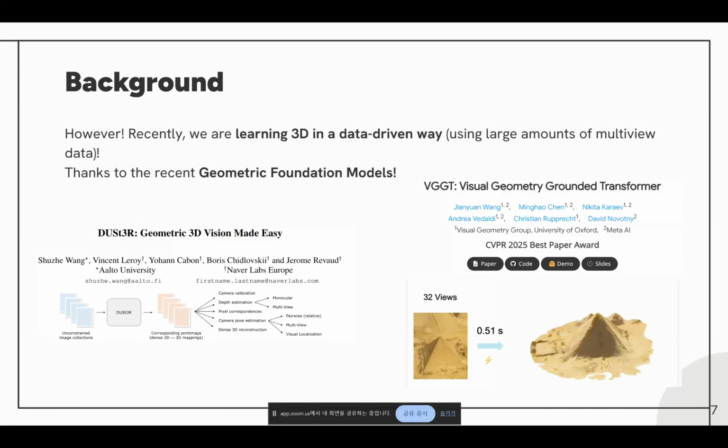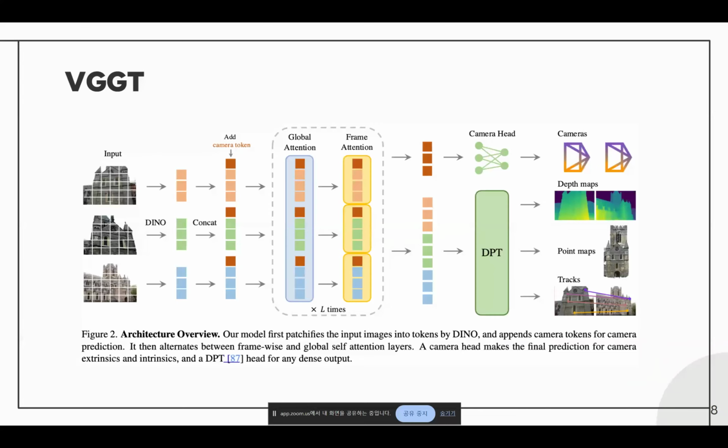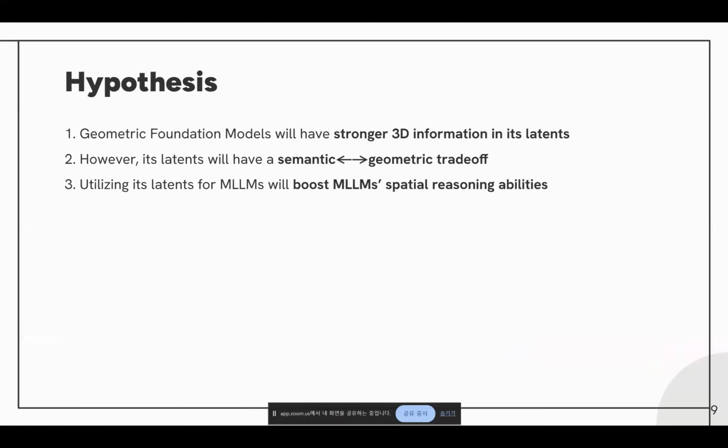However, recently, due to the large amount of 3D multi-view data, we are able to learn 3D in a data-driven way. These models are called geometric foundation models. The most representative work is VGGT, which takes multi-view images or one image as input and outputs the estimated cameras, the depth maps, the point maps, and the point feature tracks.